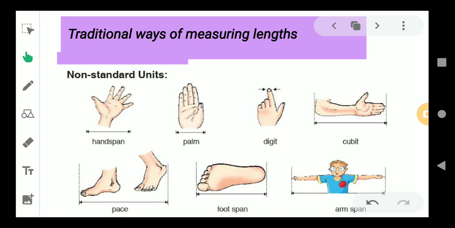Normally they used the hand span, palm, digit, cubit, pace, foot span and arm span, etc. You might have seen your grandparents measuring some objects roughly using these ways. These are some of the non-standard units of measuring length. They are not so accurate.